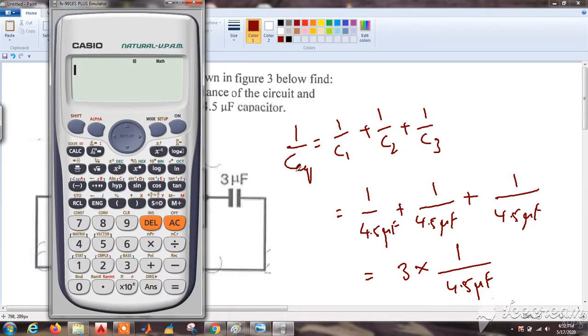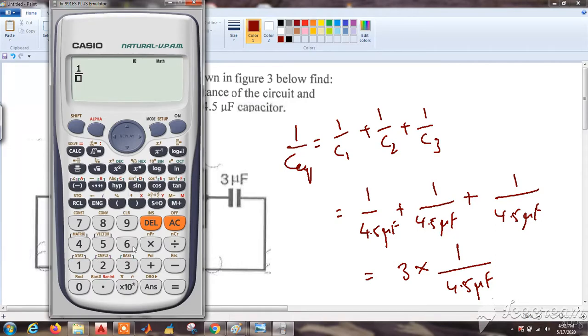In the calculator, we do not need to take C equivalent to the right-hand side and bring it from denominator to numerator, because the calculator gives the provision of solving one equation with one unknown. This equation consists of one unknown, C equivalent, so as it is, we write 1 by C equivalent.